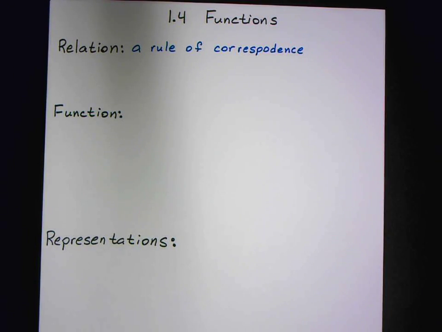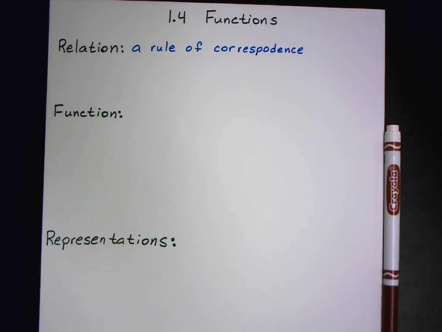So all a relationship is, we have a set over here, a set over here. How do they relate to each other? Mathematically, I have this group of numbers, usually x's, and this group of numbers, y's. How do we connect them?